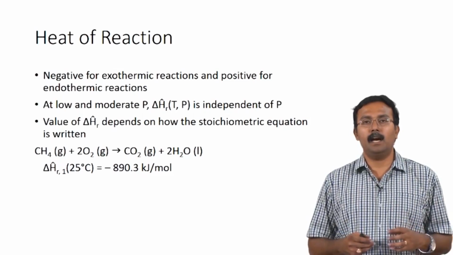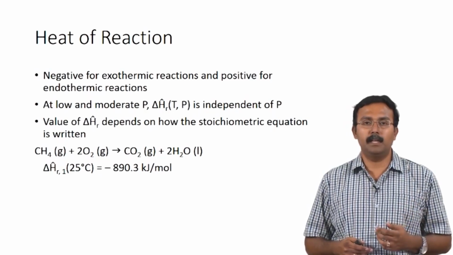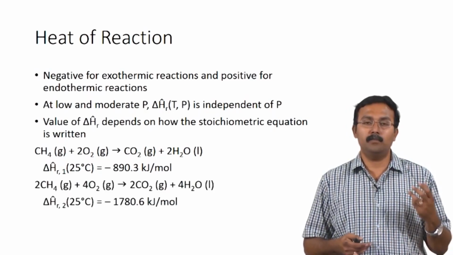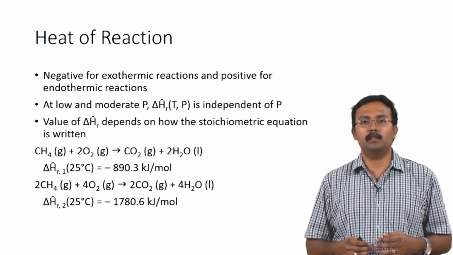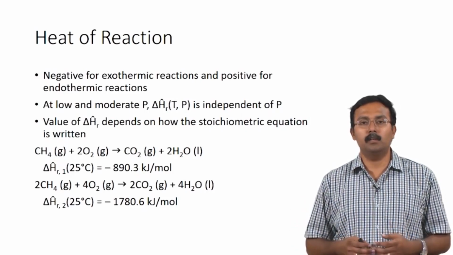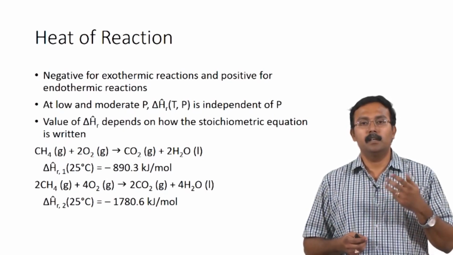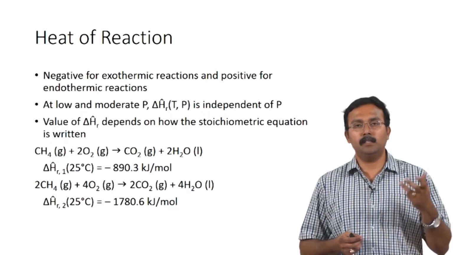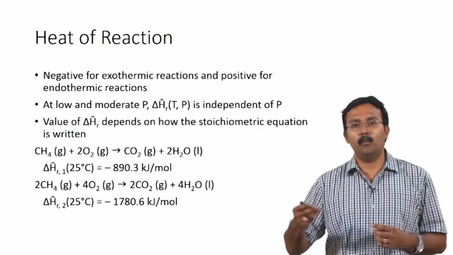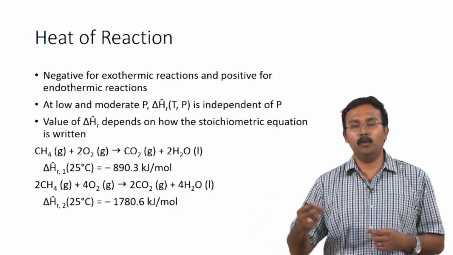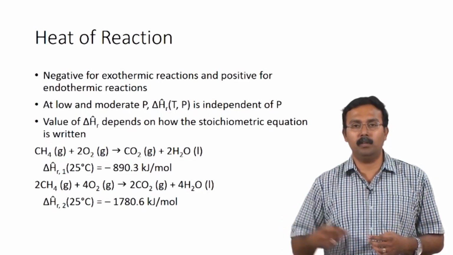However, if the reaction is written slightly differently, with 2 moles of methane reacting with 4 moles of oxygen to form 2 moles of carbon dioxide and 4 moles of water, your heat of reaction would also be double. The heat of reaction for the first reaction is minus 890.3 kilojoules for 1 mole of methane reacting, or 2 moles of oxygen reacting, or 1 mole of carbon dioxide forming, or 2 moles of water forming.